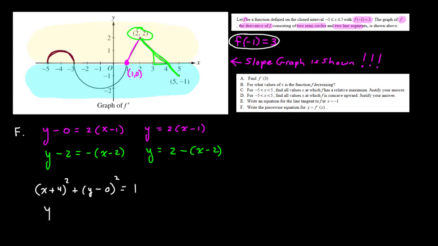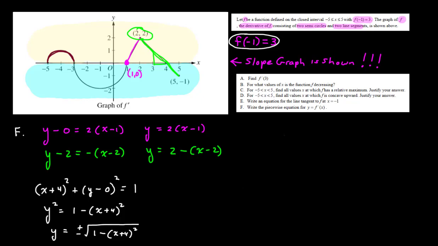Okay, so if I solve this now, I get y squared equals 1 minus the quantity x plus 4 squared. If I solve for y, I get y equals plus or minus the square root of 1 minus quantity x plus 4 quantity squared. But plus or minus would give us a complete circle.